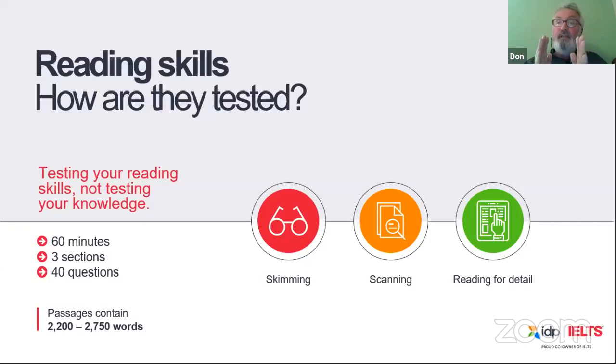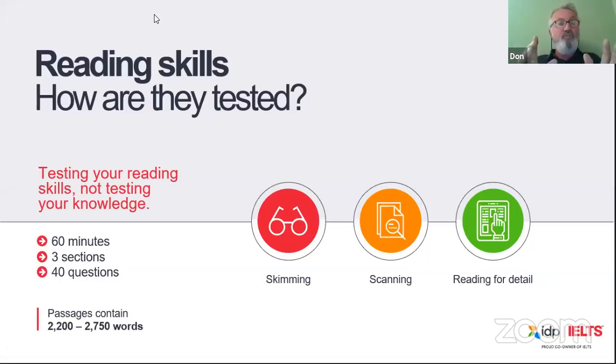So we give you less time. We ask you to read about 2,500 words in 1 hour. That means you must become efficient with your reading. You need to practice some important skills. The first important skill you need to practice is skimming.